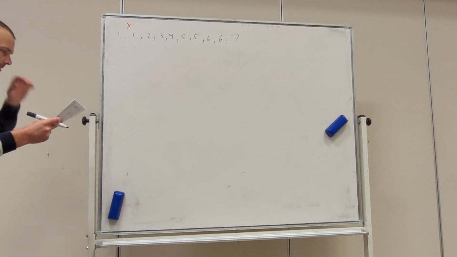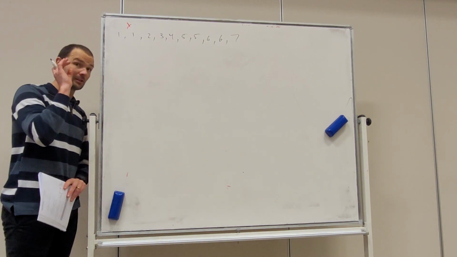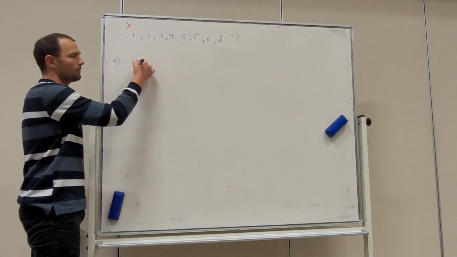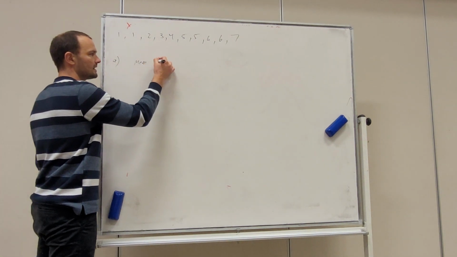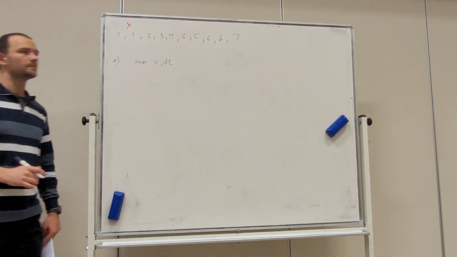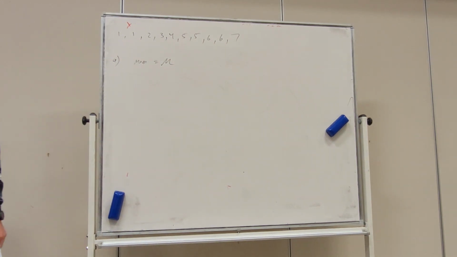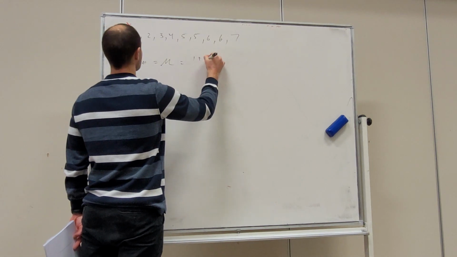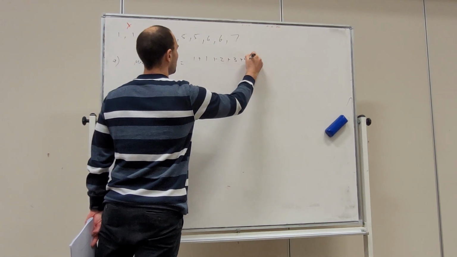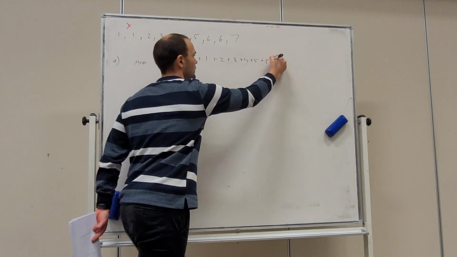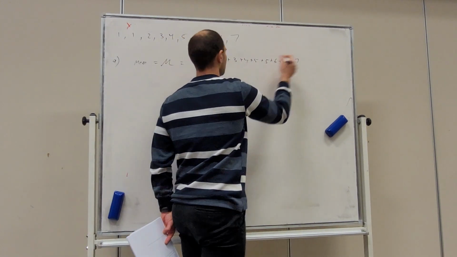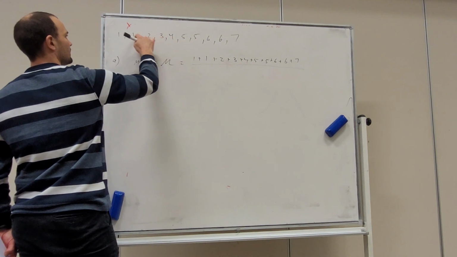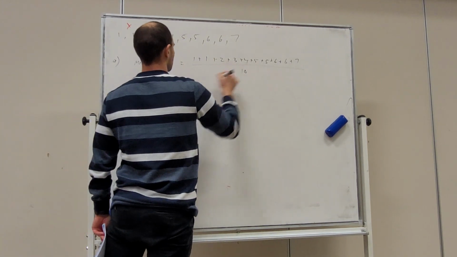Find the 5-number summary. And then we're going to show how we can do all of that using technology as well, using our calculator. So for the mean, the mean is the average. This is the symbol we use for the mean. That means we add them all up and divide by how many there are. So we have 1 plus 1 plus 2 plus 3 plus 4 plus 5 plus 5 plus 6 plus 6 plus 7, divided by 10 results.